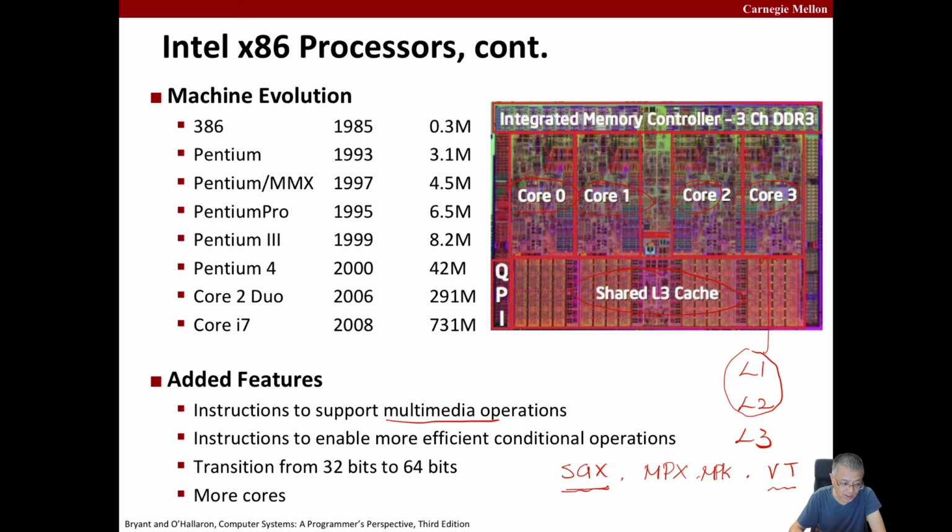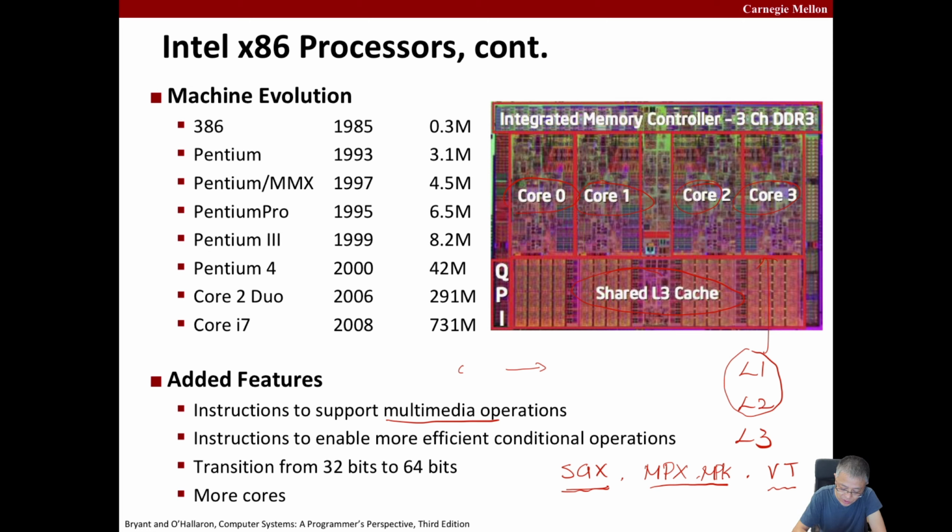SGX is to run a piece of software securely in an isolated environment. Those are the security features. And so Intel added a lot of features to their processor. Their processor became more and more complex. So in security, we know complexity leads to vulnerability. So this is why in recent years we have seen a lot of hardware-based vulnerabilities in Intel's processors.